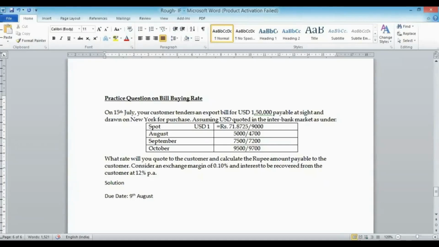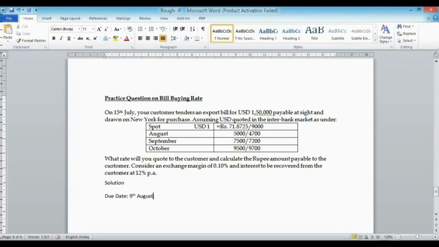That means the rate quoted by the bank will not be of 15th July, but the bank will try to anticipate what will be the expected rate on 9th August. So the bank is doing this calculation just to anticipate the expected rate of exchange in terms of USD on 9th August, and that rate will be quoted to the customer, and if the customer wishes, then the deal is going to execute.